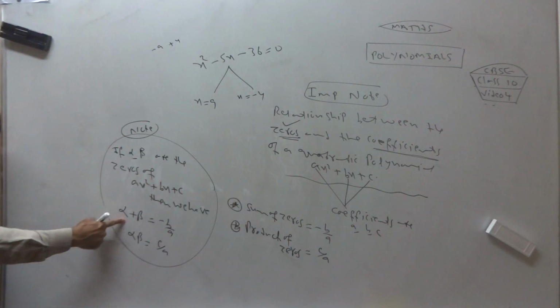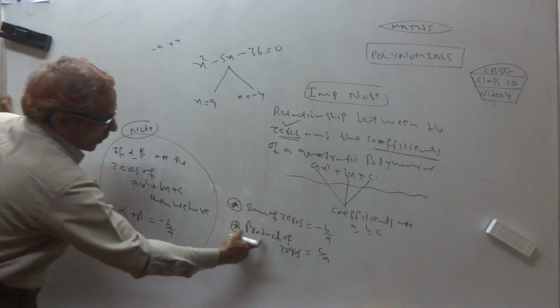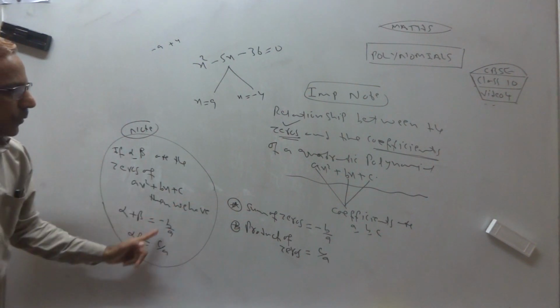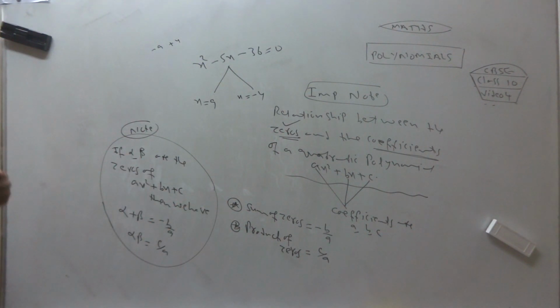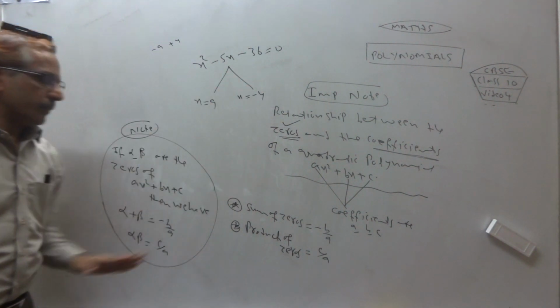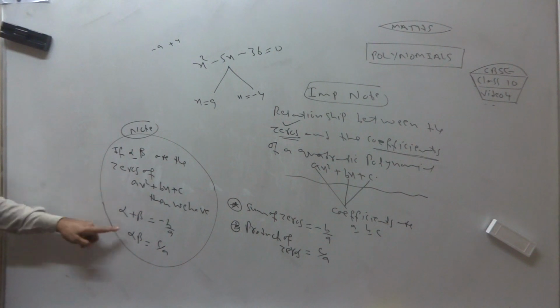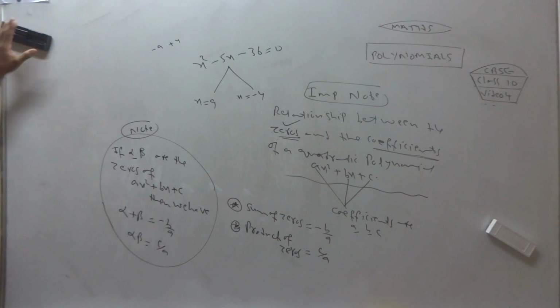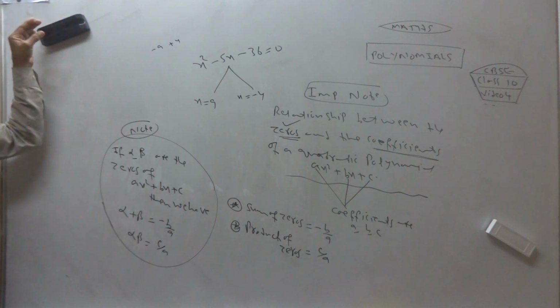Alpha plus beta, and product is what? Alpha beta. So both are same thing only. If we name this as alpha, this as beta, then we have two formulas. This is the relationship between what? Zeros and coefficients. Clear? So you can take this note also.